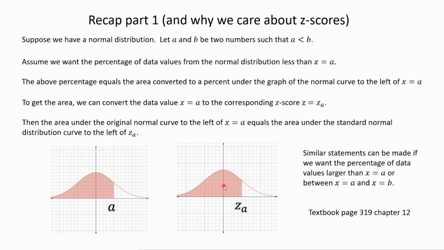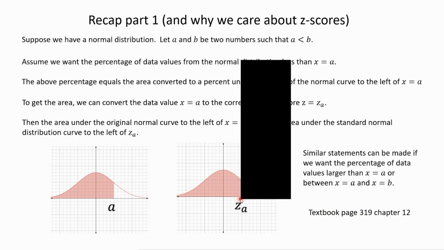People have analyzed the area under the graph of the standard normal distribution curve, and you can actually find it using a table of values in the book. We'll get to that shortly. But that's really what people do. So you're getting the percentage of data values less than this standard z-score.